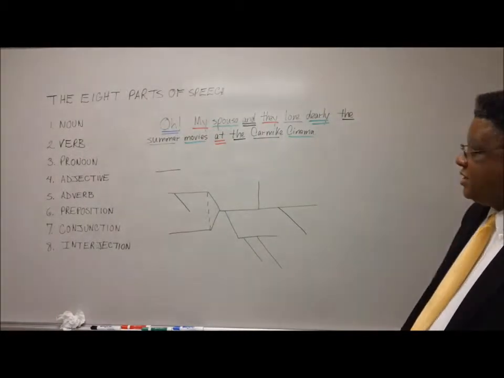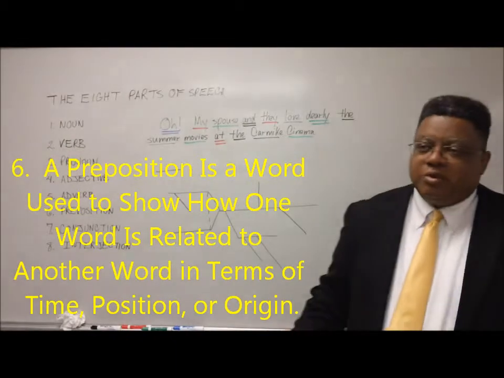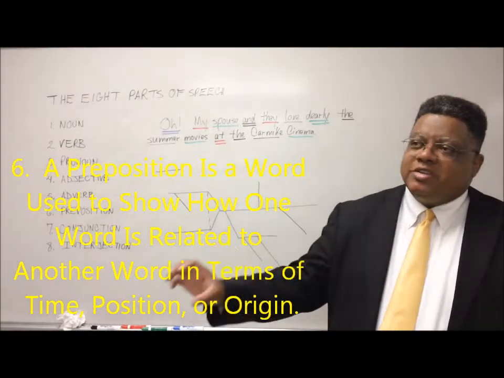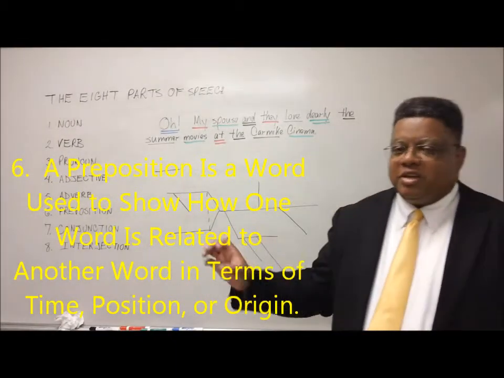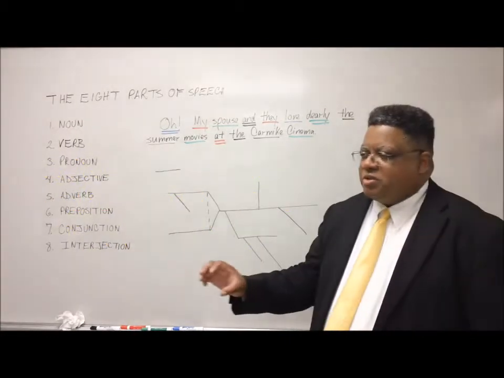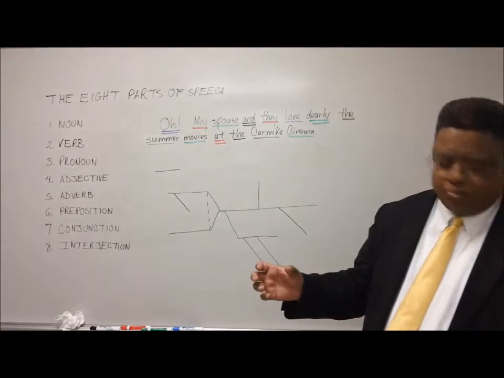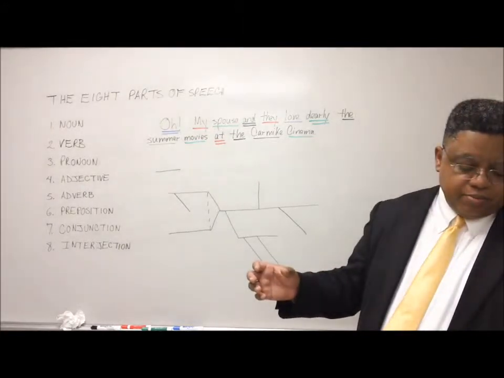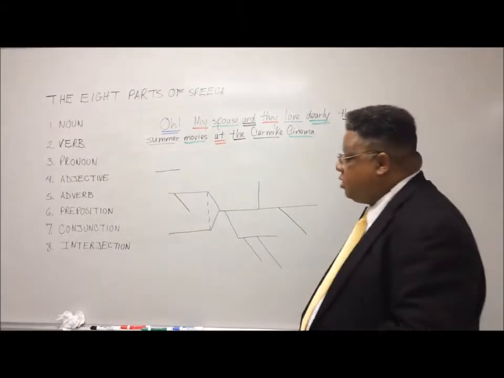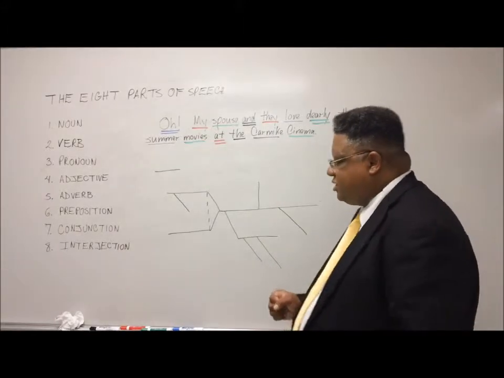A preposition is a word which denotes how one word stands in relationship to the meaning of a sentence in terms of location, time, or maybe a logical relationship to the rest of the sentence.